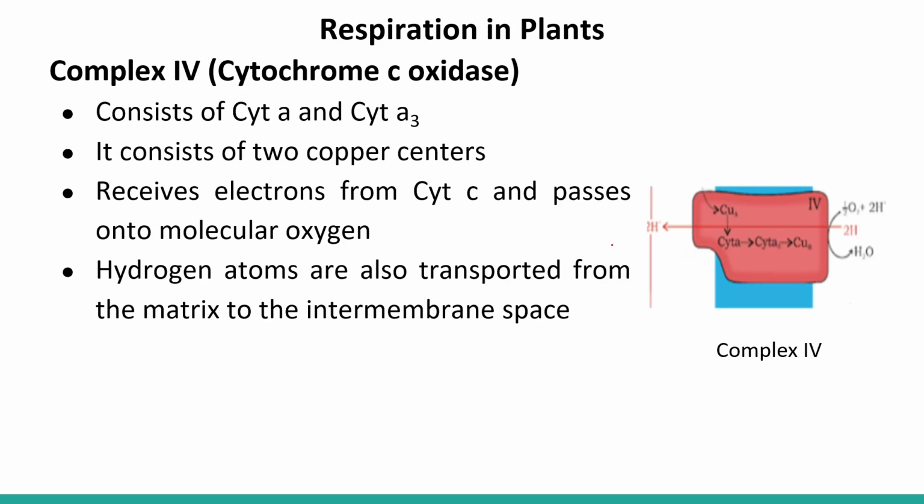The next complex is cytochrome c oxidase. It consists of two cytochromes, cytochrome a and cytochrome a3, and it consists of two copper centers. This complex receives electrons from cytochrome c, which connects complex 3 and complex 4, and passes the electrons to molecular oxygen.